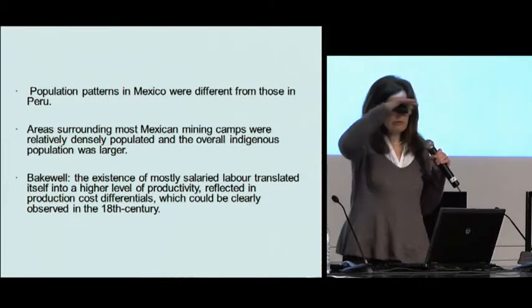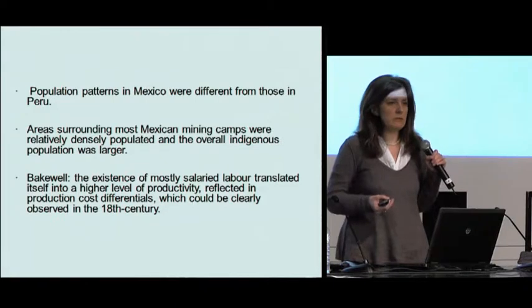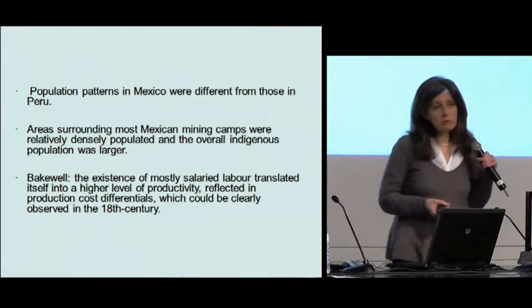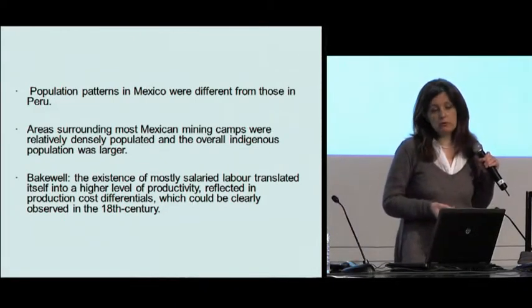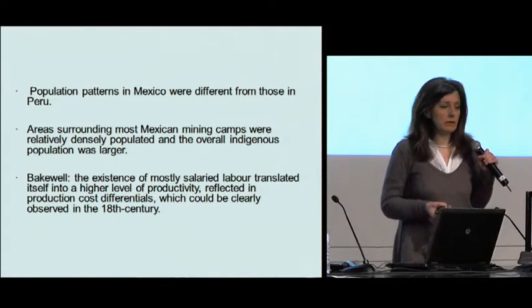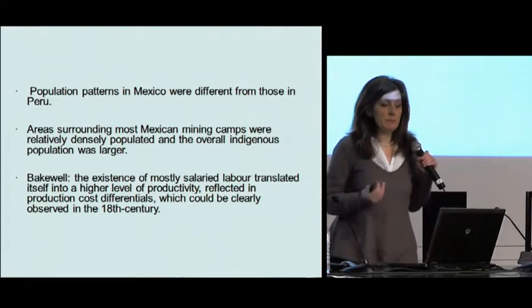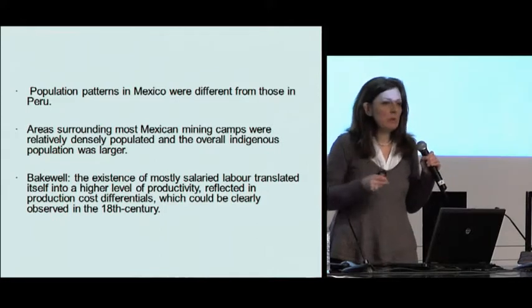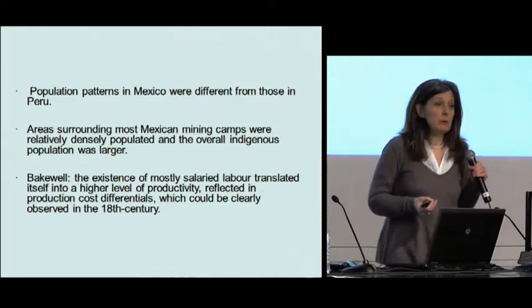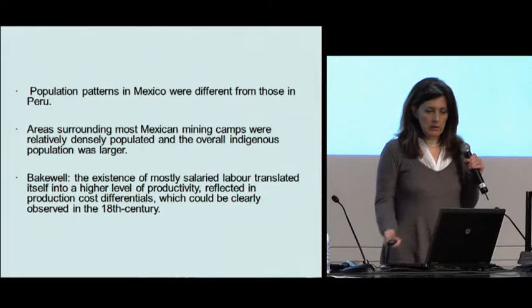Yeah. In the north of Mexico, the situation was a bit different, and the naborías were introduced that were also comparable to a tribute system, but the scale was much smaller than the one in Peru with the mita. Okay.